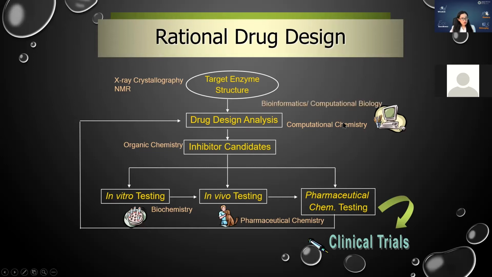So my expertise is in computational biology or bioinformatics. The part that I can help with in this map is from target enzyme structures to the drug design analysis. So I built web servers, algorithms, and tools to foster the collaboration between the structures from X-ray crystallography and computational chemists as designers of the drug molecules.